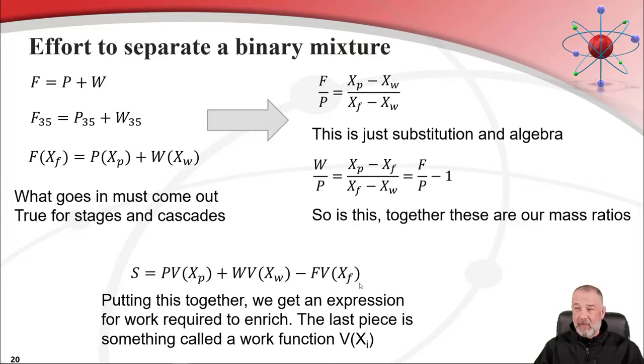So if we're starting with some feed, which has some percentage, we're simply taking the difference between what's in the feed and what's in our product and our waste. Now this V of x, we'll call it x sub i, instead of x_W, x_P and x_F, because they're all the same, is called a work function. And it, again, is very specific to a binary mixture, or a mixture with only two components.